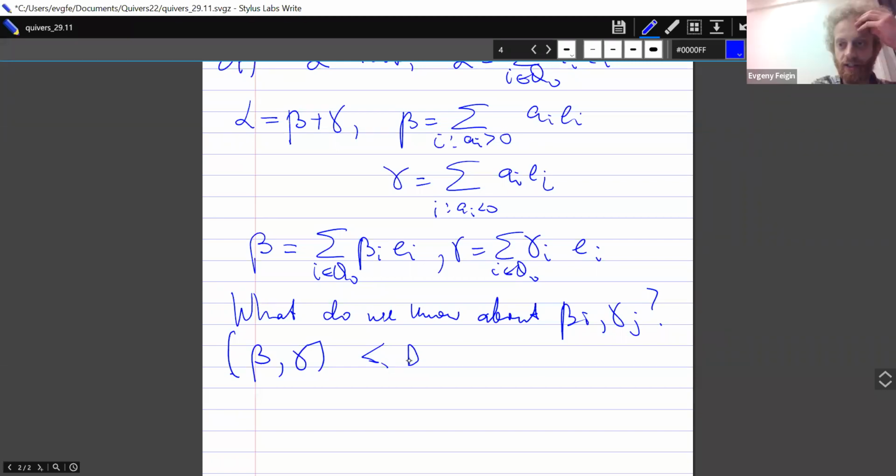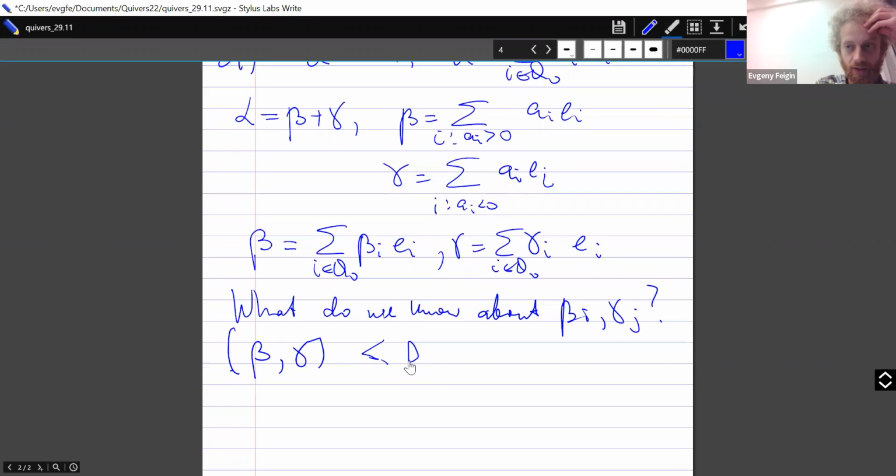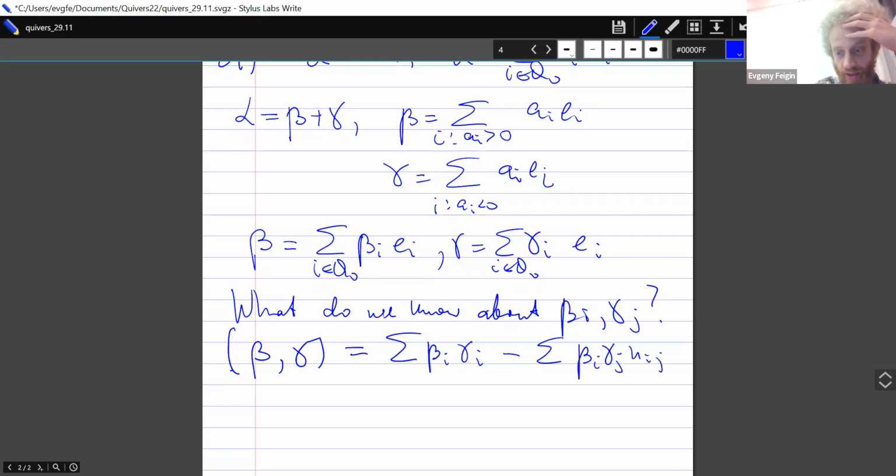Okay, let's write it out. So this equals the sum of beta_i gamma_i minus the sum of beta_i gamma_j over i, j, right?